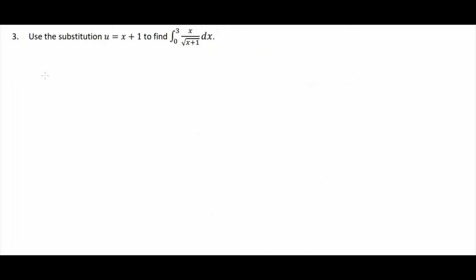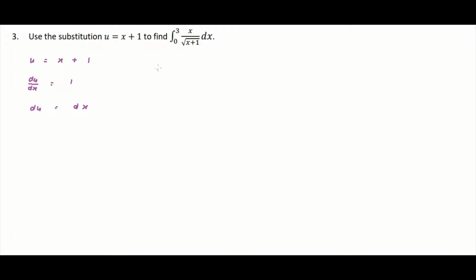Okay, so use the substitution u equals x plus 1 to find the definite integral here. Let's do the same thing. So u equals x plus 1. Then du/dx is equal to 1. So it's the same thing, we get du/dx here, which gives du equals dx.